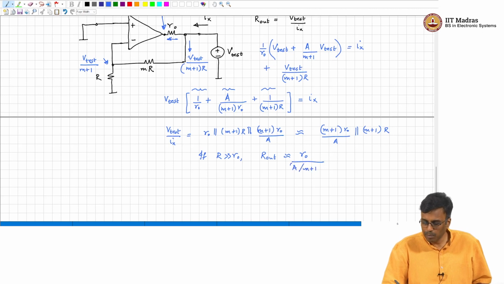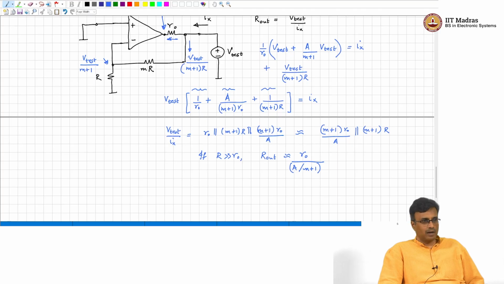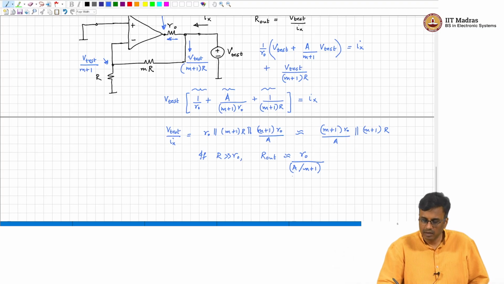And what does A by m plus 1 indicate? It is the loop gain, or rather it is approximately equal to the loop gain when small r is small compared to capital R and m plus 1 times R. This is the approximate value for the loop gain.